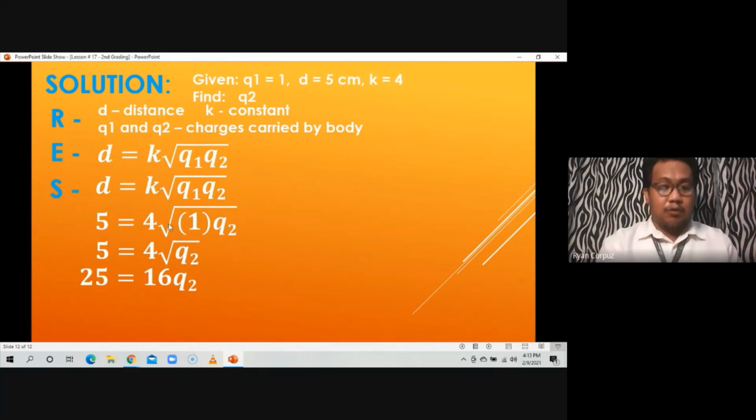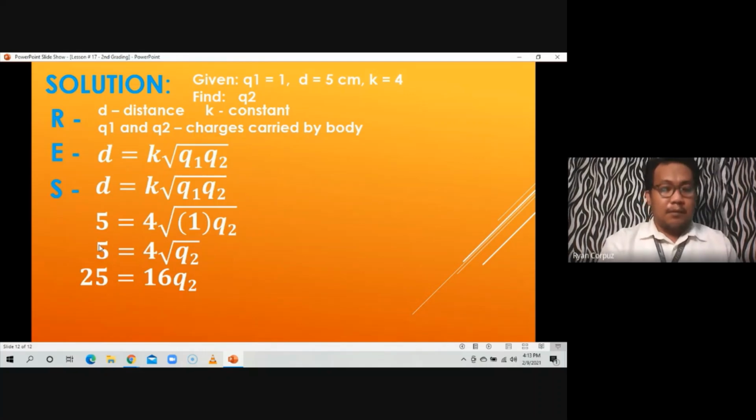Raising 4 squared gives 16, then the radical sign is removed and Q sub 2 remains. On the other side, 5 squared, 5 times 5, is equal to 25.